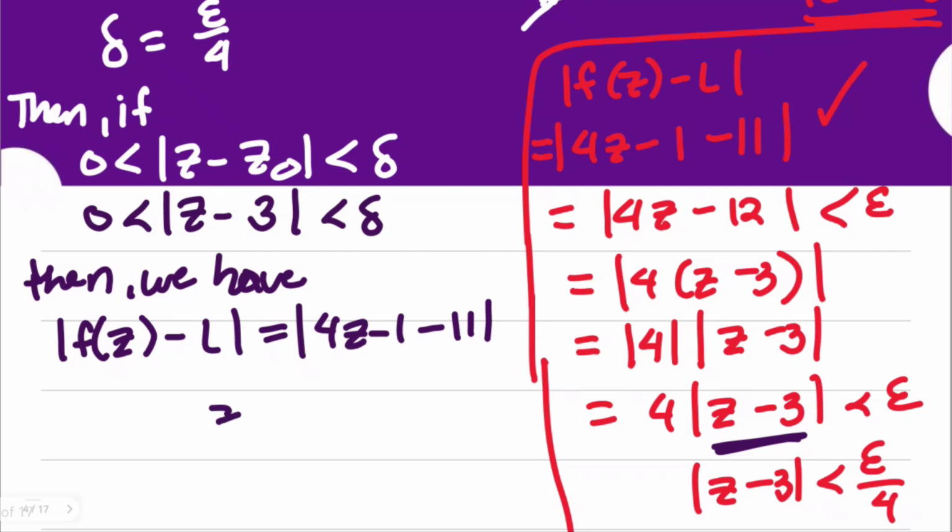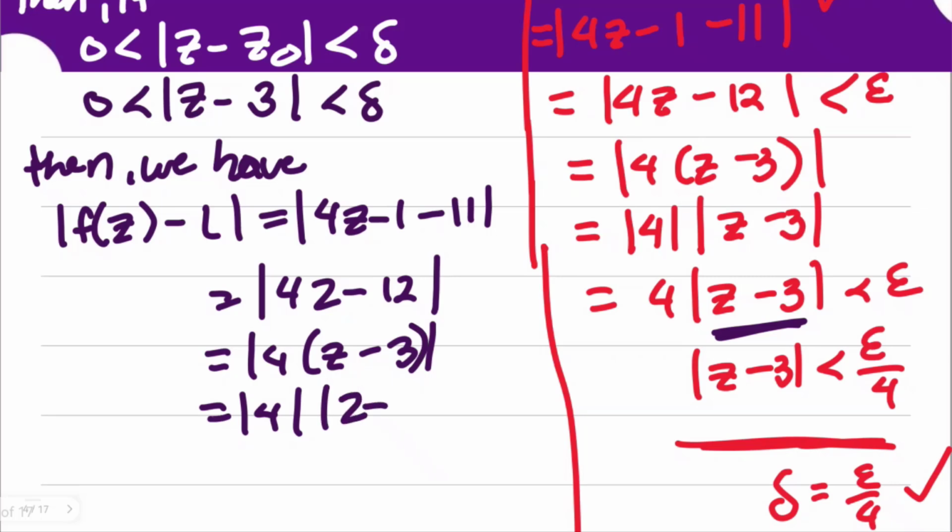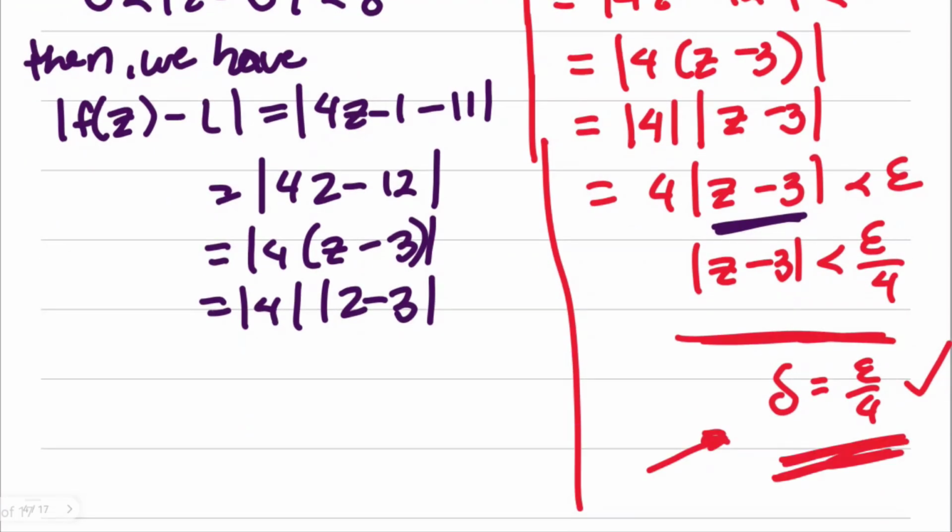Again, our goal is to show this is less than epsilon. So you have 4z minus 12. That's also indicated in our scratch work earlier. You are going to factor it: the absolute value of 4 times z minus 3, so 4 times the absolute value of z minus 3.